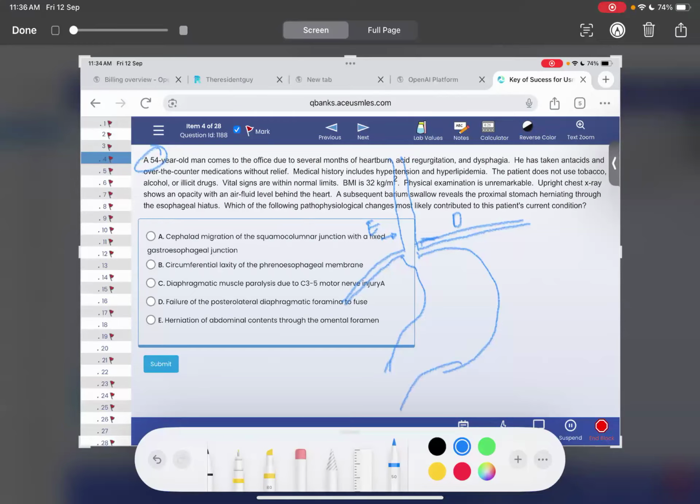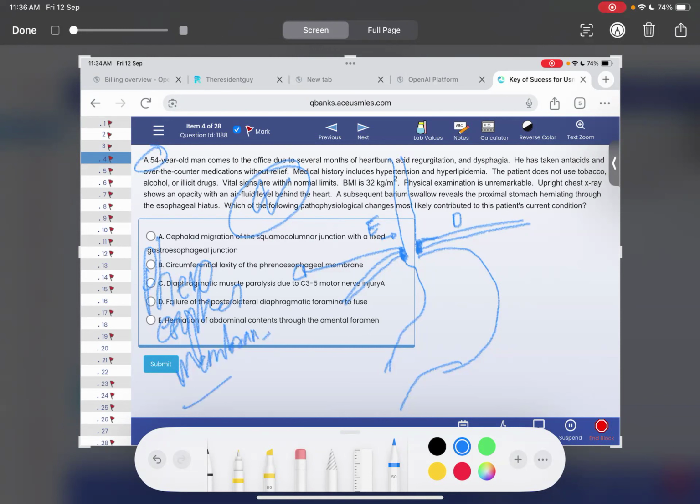Now, there is a thin membrane present over here and over here. This is the normal anatomy of the gastroesophageal junction, and the membrane that surrounds the gastroesophageal junction is called the phrenoesophageal membrane.